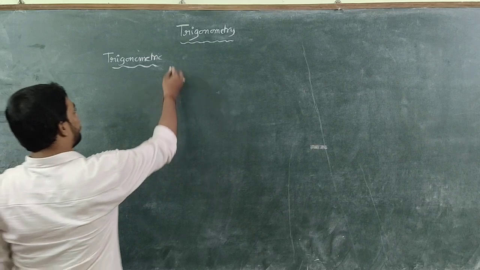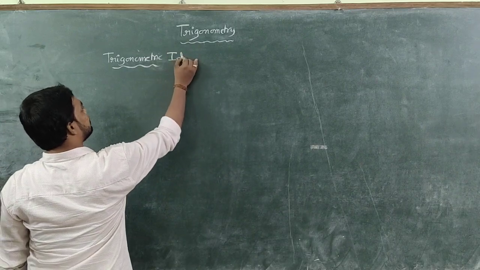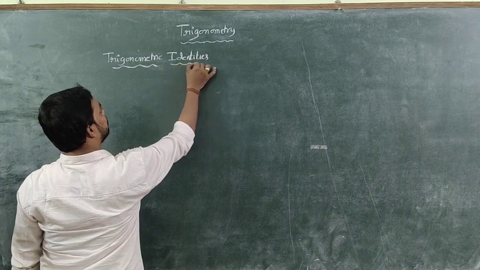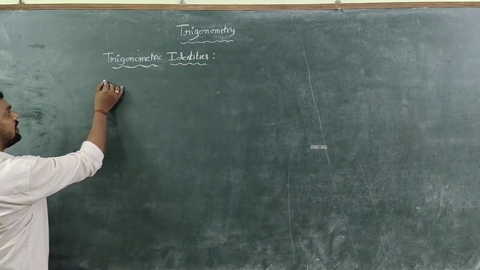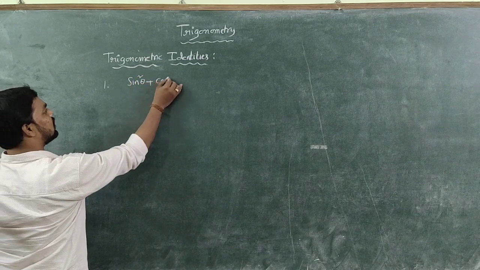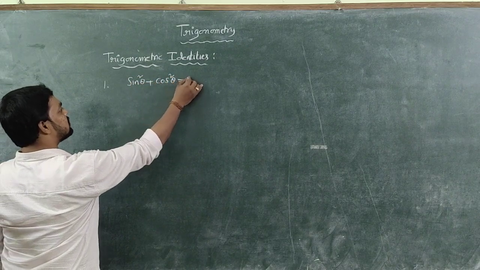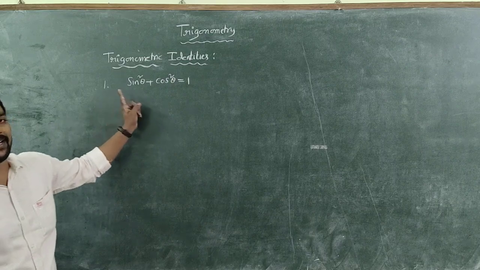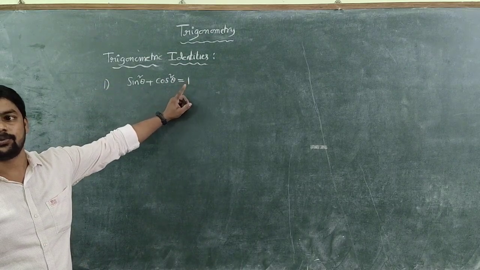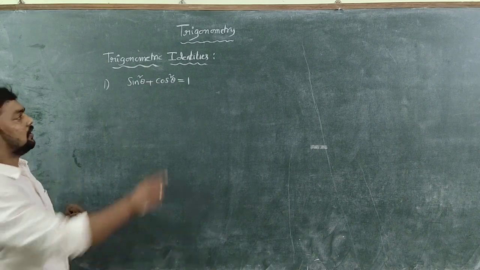Next topic is trigonometric identities. The first identity is sin square theta plus cos square theta is equals to 1.